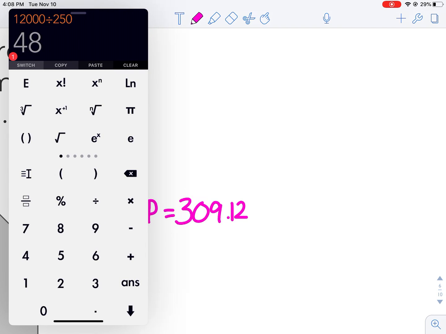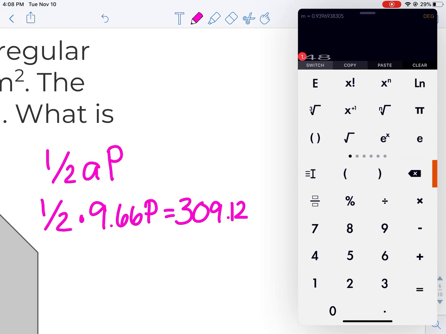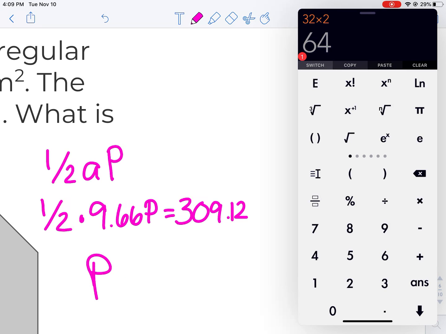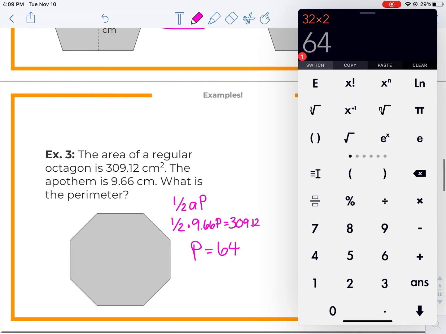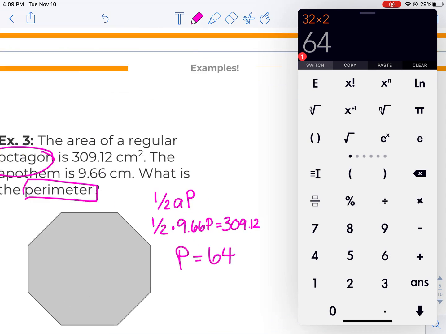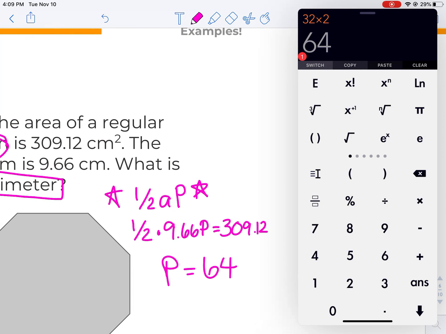So I'm going to take 309.12, divide by 9.66, and multiply by 2, and my perimeter must be 64. I could have divided by 8 because I had an octagon and gotten that each side was 8, but then I would just have to turn around and multiply by 8 again to find the perimeter. So if you're asked just for the perimeter, it's way easier to use this formula.